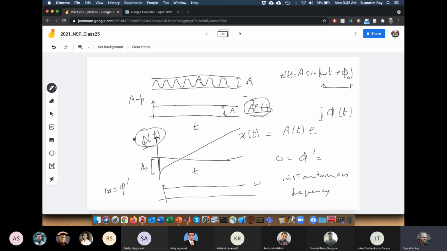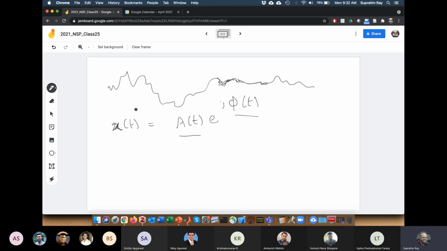In other words, can you give me an algorithm or tell me a trick so that when I apply this on this function, the instantaneous amplitude becomes a fixed number, a constant, and the phase becomes a linear function like this?